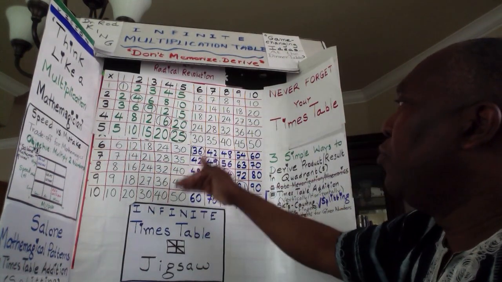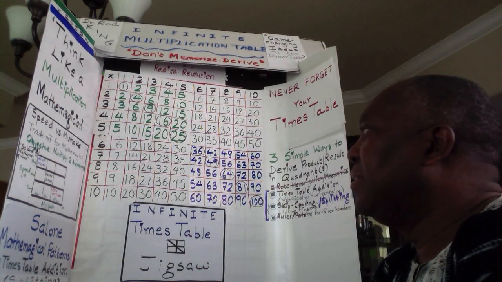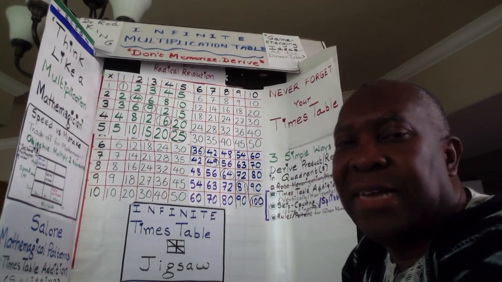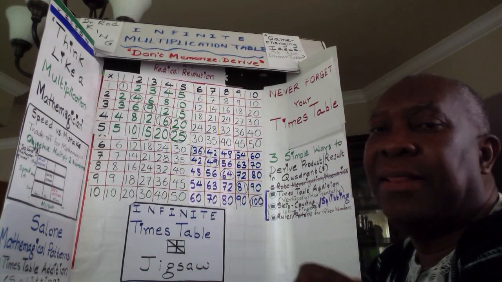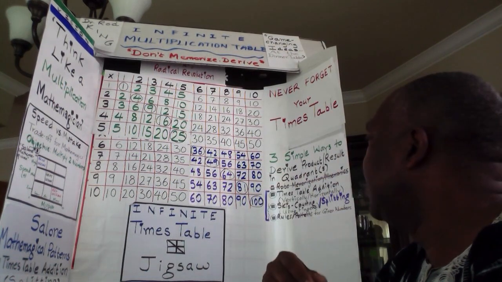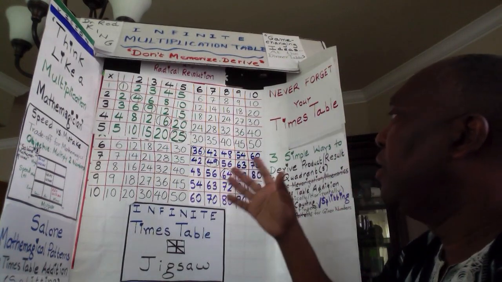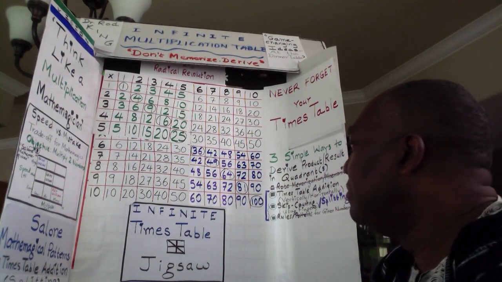So there are many ways to get these answers, and I would suggest that you focus on times table addition and then combine it with skip counting and also apply rules that relate to these numbers.